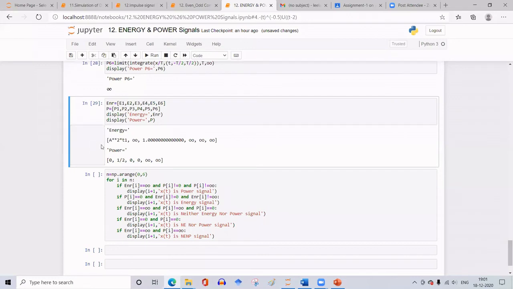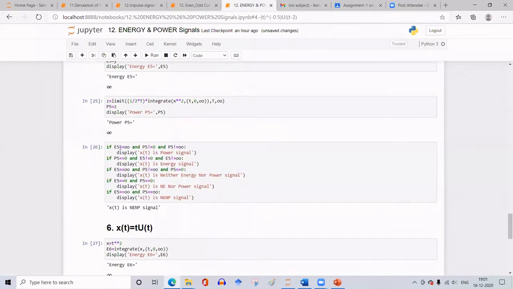Why I have taken this is to illustrate once again how we can display multiple results. See, in these steps I just took one element and compared.